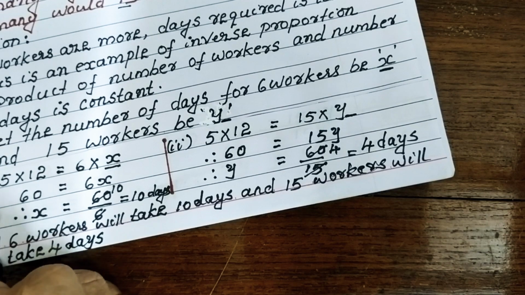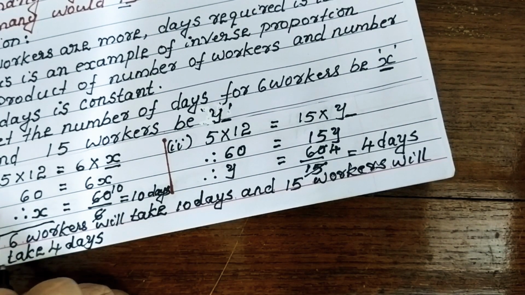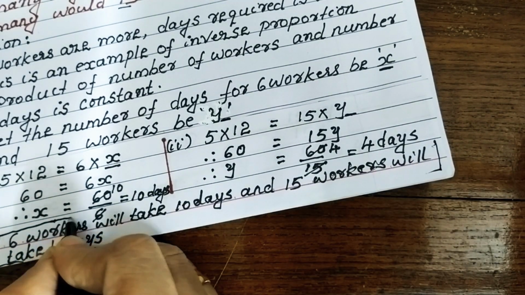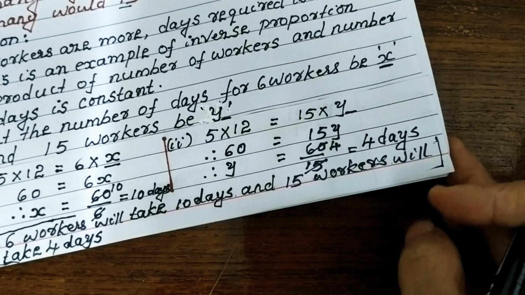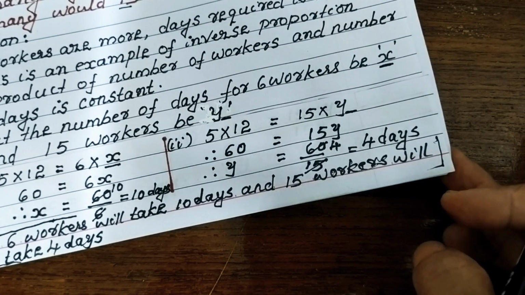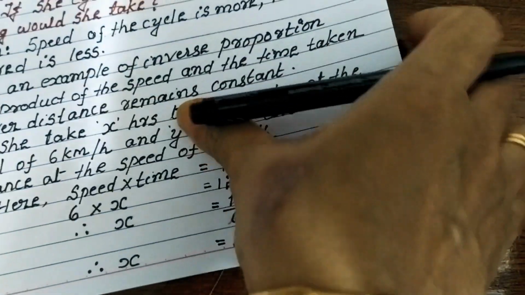So we can highlight this answer. Okay, put it in a box. Okay, 6 workers will take 10 days and 15 workers will take 4 days to complete this work. Okay, question number 2.